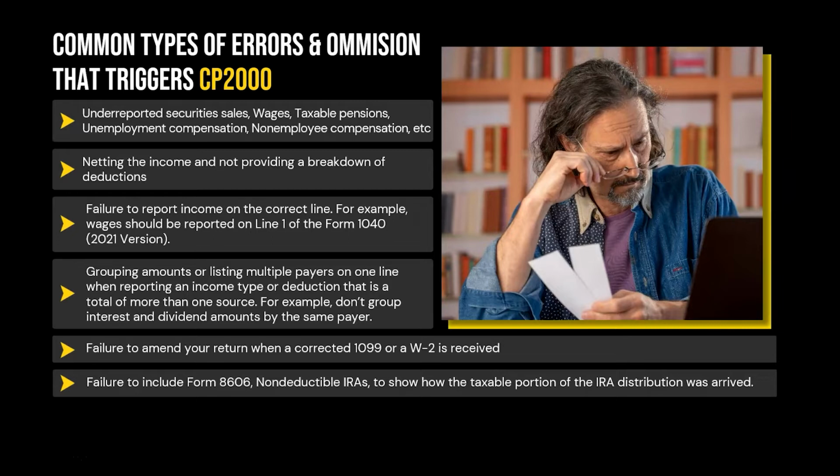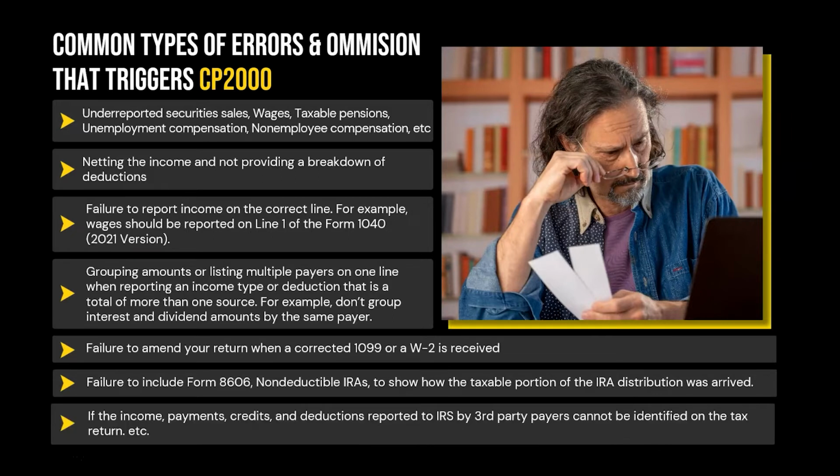With some IRAs, if it's a Roth or a traditional IRA in which you have basis, the distribution may not be taxable, but depending on how it was reported to you, you have to include Form 8606 to let the IRS know that some of it is non-deductible and some of it is non-taxable. On the same form, you show the IRS how the taxable portion of your IRA distribution was calculated. It's very important that you follow those instructions in reporting these items correctly.